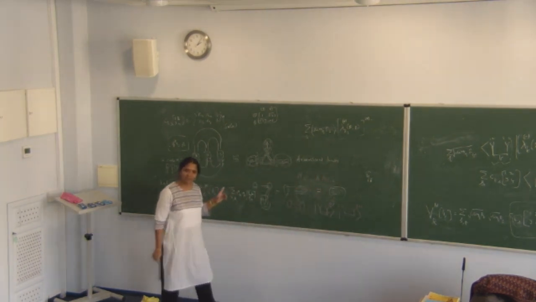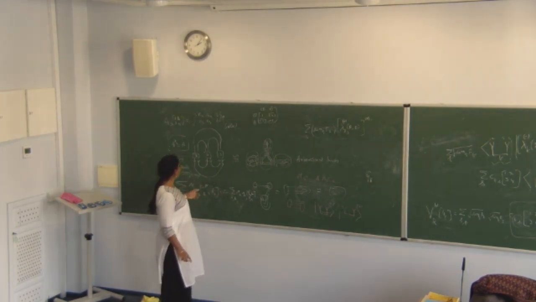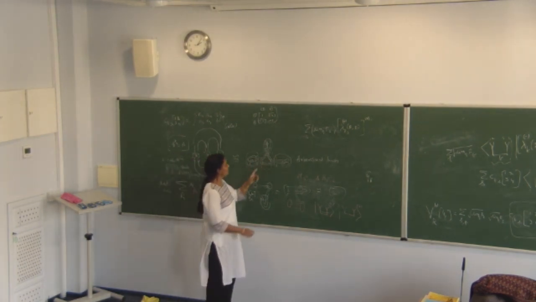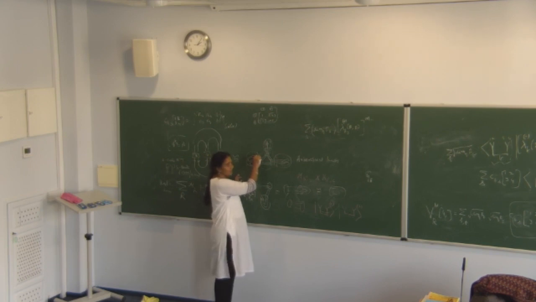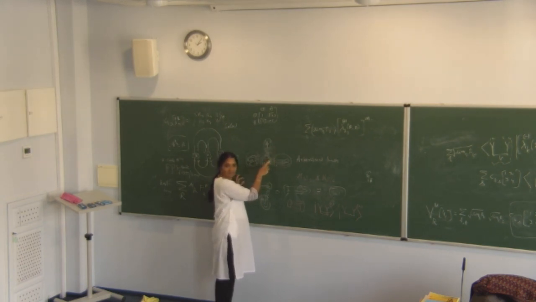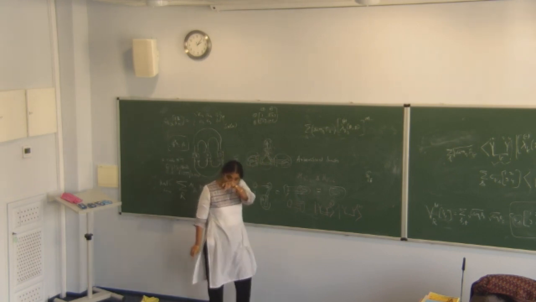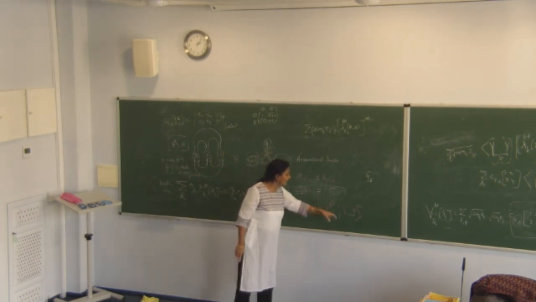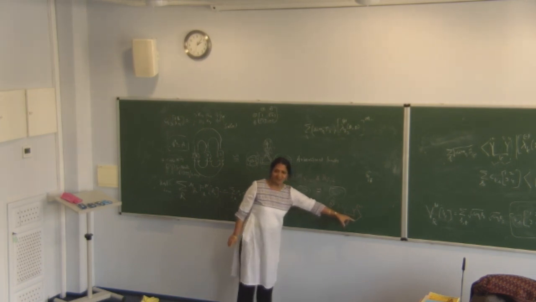Because when I glue things the way I am doing it here, suppose I call this boundary 1, and I call the oppositely oriented boundary 1 prime, 2 prime, 2, 3 prime, 3. The gluing inner product should be between the states on the common boundary. You can't do the inner product with boundary 1 when the common boundary is 2 and 2 prime.